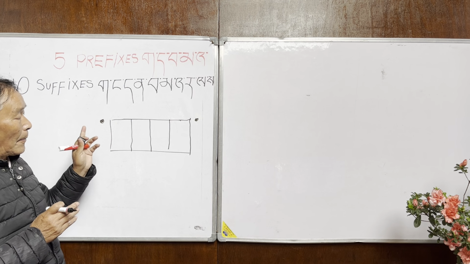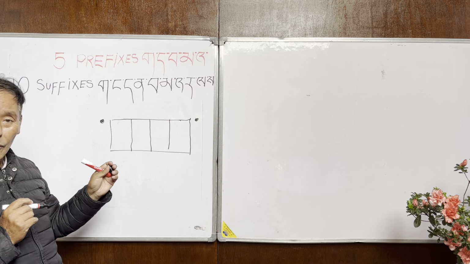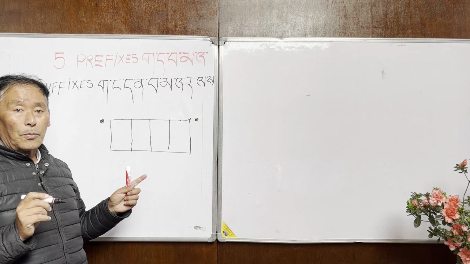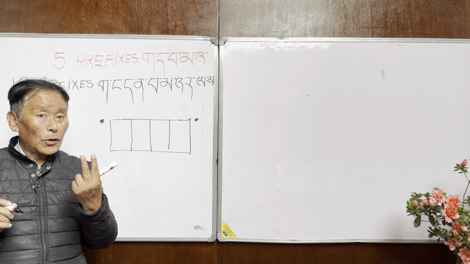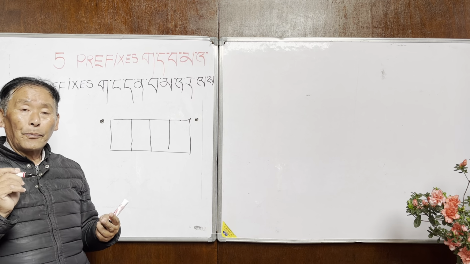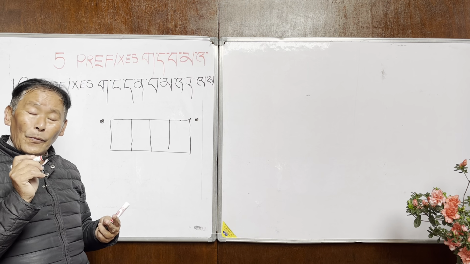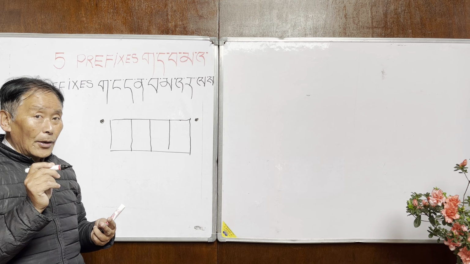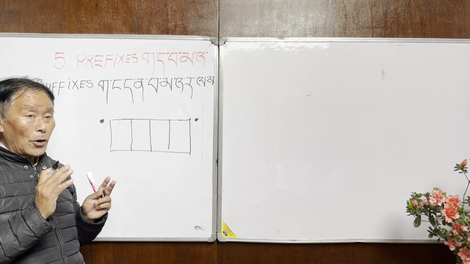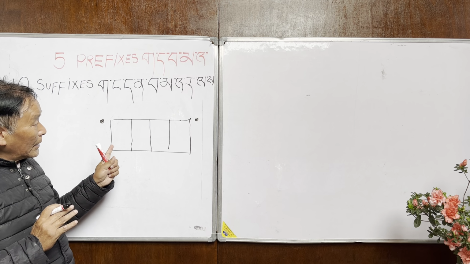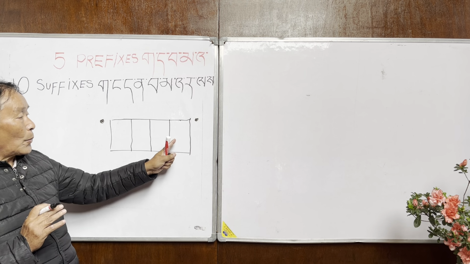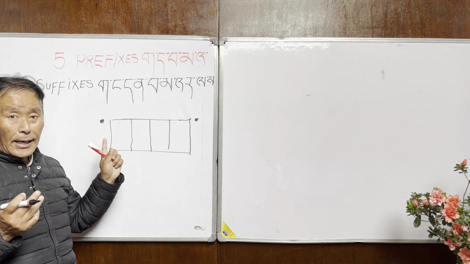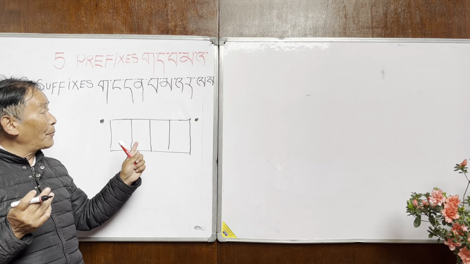If there are 4 letters, we are to pronounce only 2 letters, with vowel, with its subjoined, with its superscript. If there are 3 letters, we are to pronounce only 2.